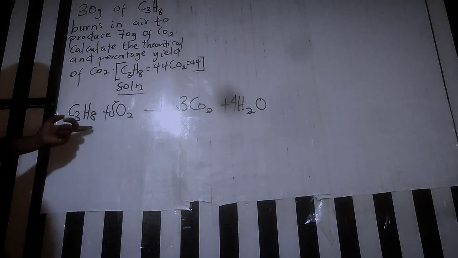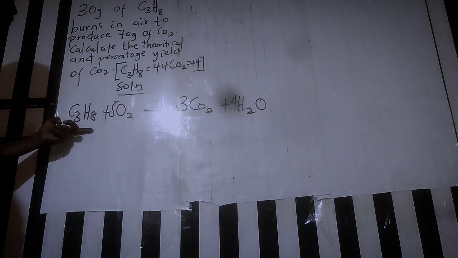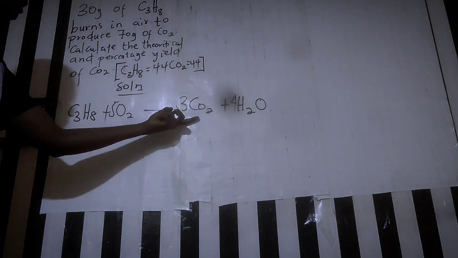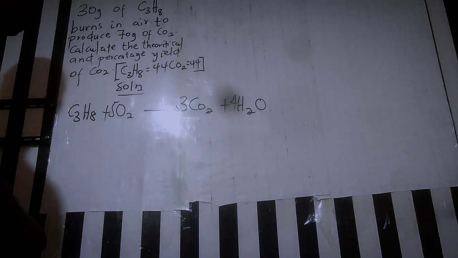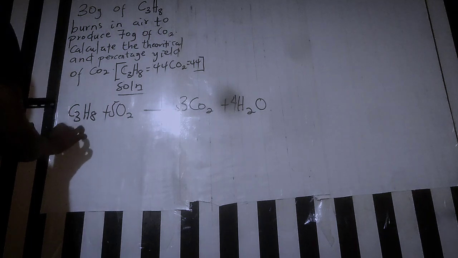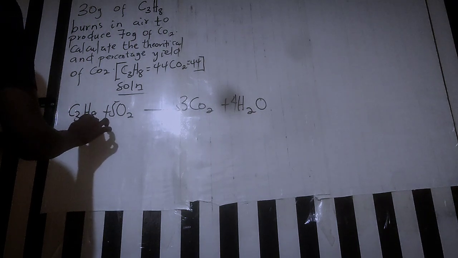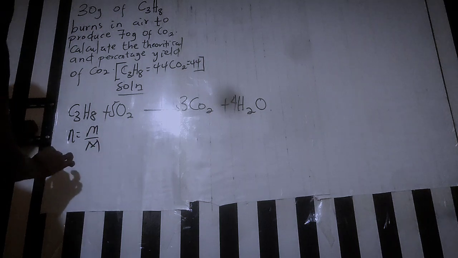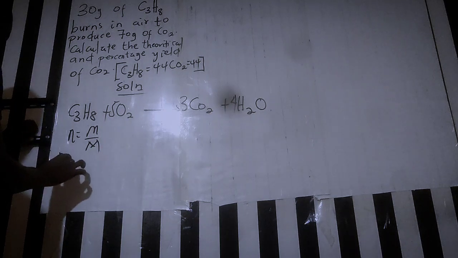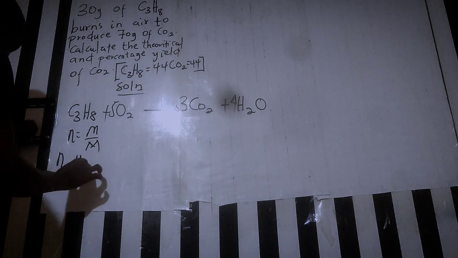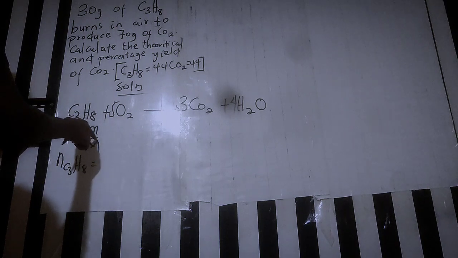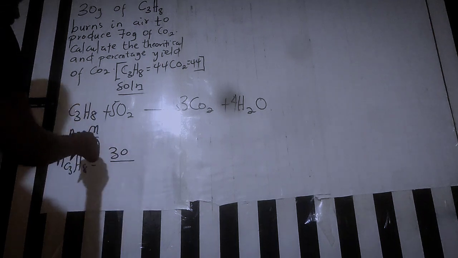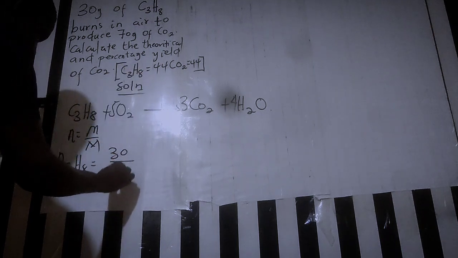Now, we first of all find the number of moles of C3H8 that reacted. So now, you know that number of moles is equal to mass over the molar mass. So the number of moles for C3H8 is equal to the mass of C3H8 given, which was 30, out of the molar mass, which is 44.